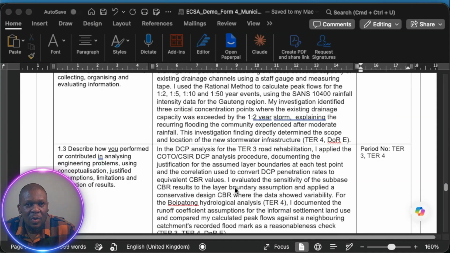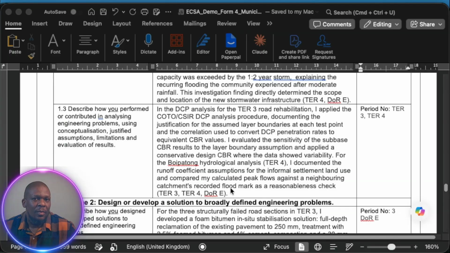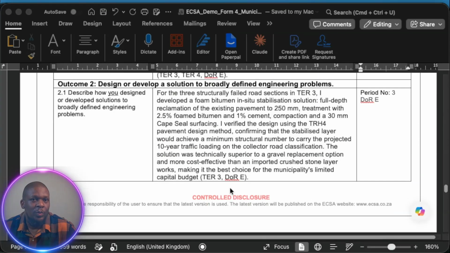Now let's move to outcome two: design or develop. You see, ECSA is aware of the challenges that you might come across in the process of registration. You might be working in an organization where you don't actually perform a design in the normal way of design calculations.